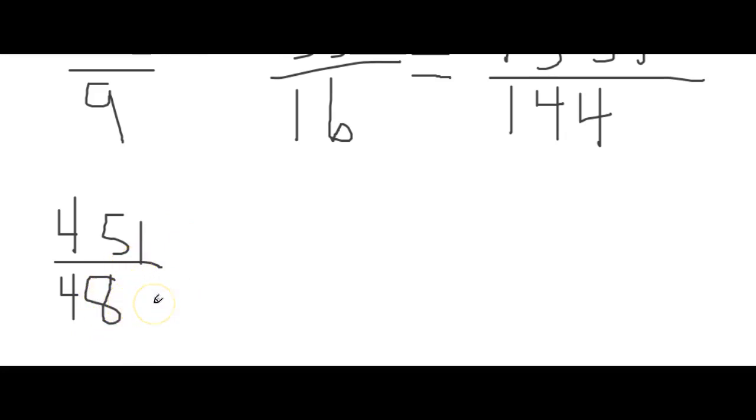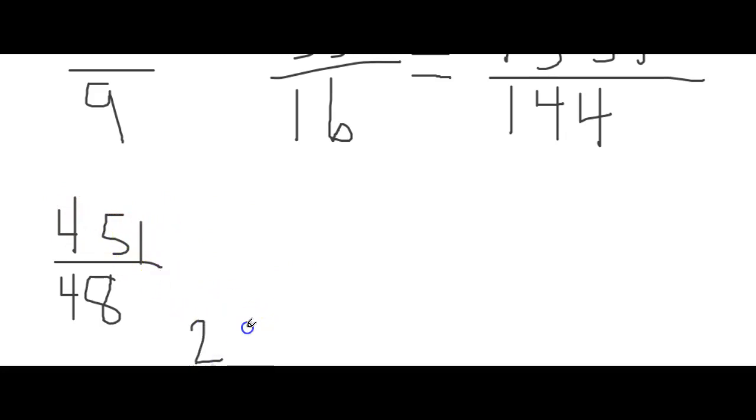48 can be divided by 4. 4 times 12. 6 and 8 is also 48. And then you have 9. No, not 9. I'm sorry. That's 12. So I'm coming up with different numbers that you can break 48 into, and seeing if those numbers are divisible into 451. So if you do the math, 451 can't be divided by 2.